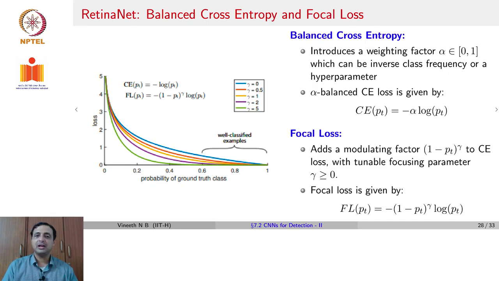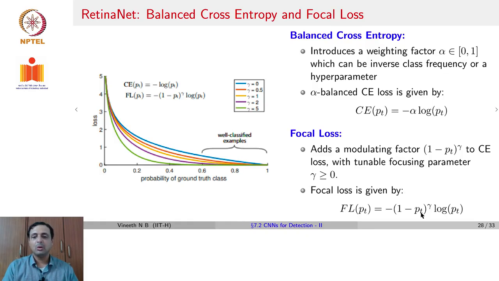But this RetinaNet method also proposes a focal loss which considers the predicted probability itself to fine-tune the loss. So you weight your log loss with (1 minus pt) to the power gamma, where gamma is a tunable focusing parameter, a hyperparameter that you have to provide while training the network. And the final focal loss gives this quantity.